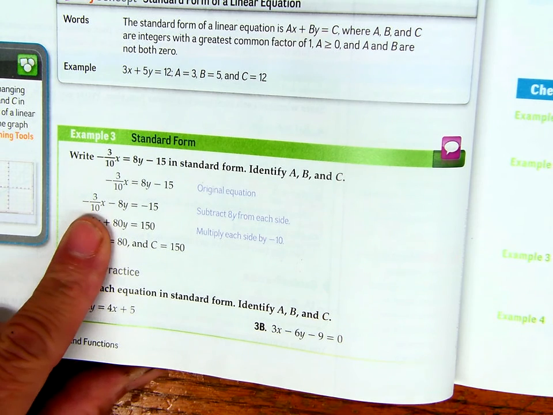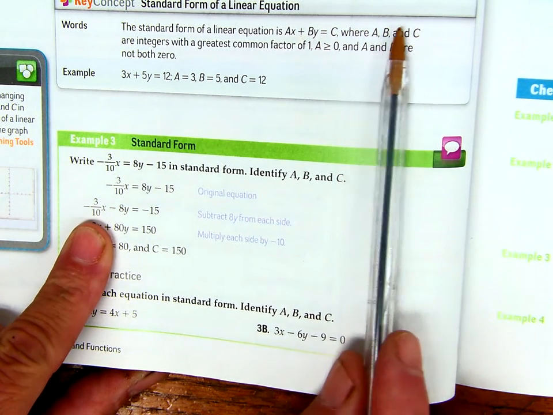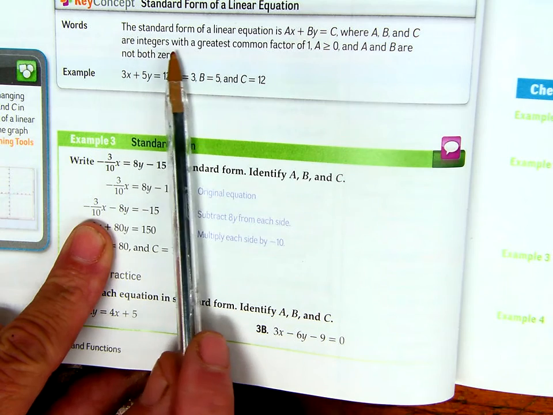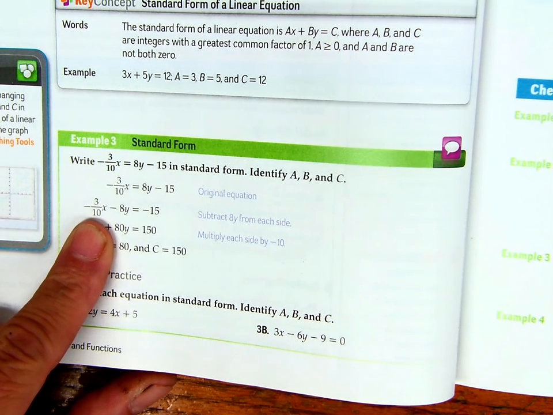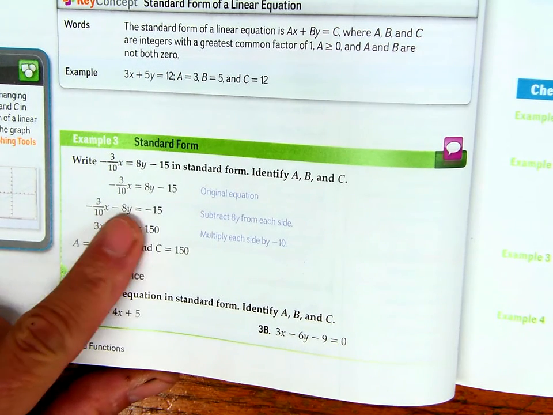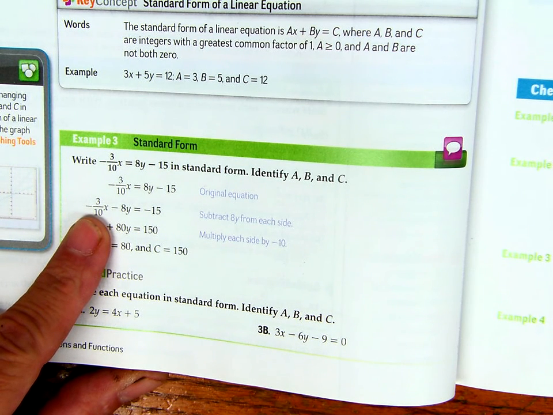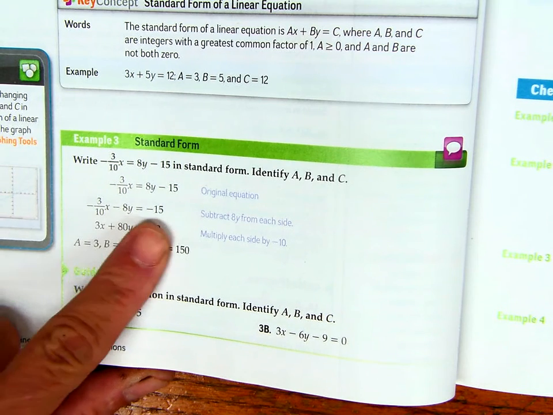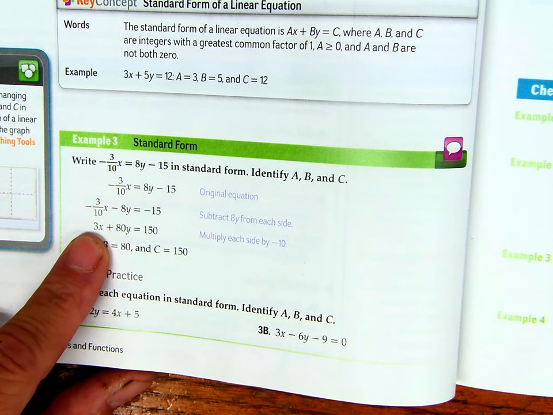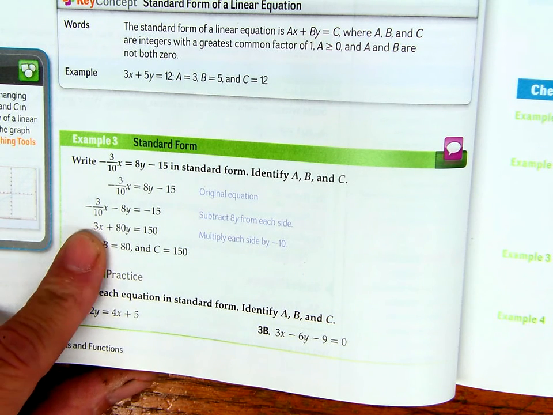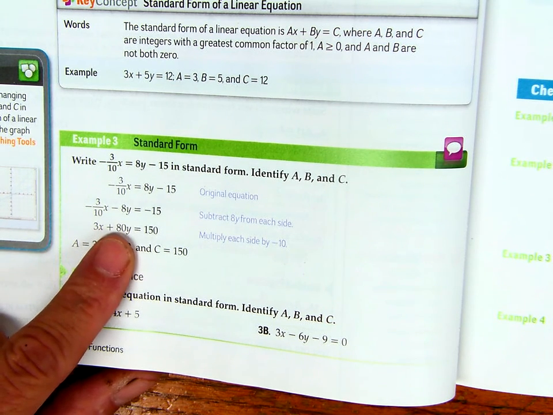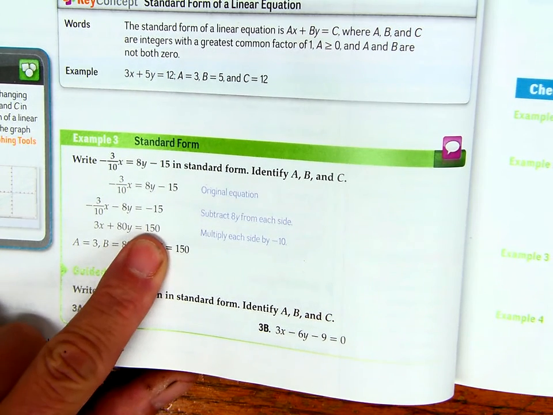They all have to be integers. A, B, and C are integers. Negative 15 is an integer, negative 8 is an integer, but 3/10 is not an integer. To get rid of this fraction, multiply everything by 10. Well, they multiplied it by negative 10, which took away the negative. That made that positive 3, positive 80, positive 150.